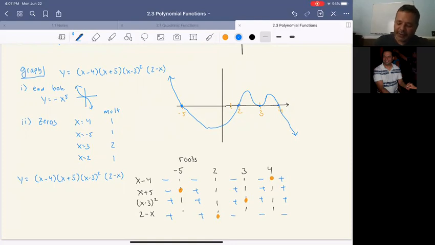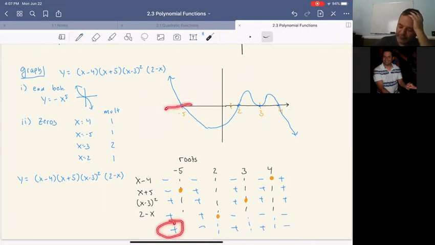Now, 2 negatives total gives you a positive. 1 negative total gives you negative. What I want you to notice is that before negative 5, it's positive.